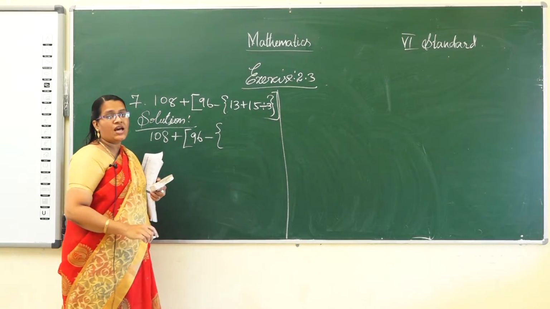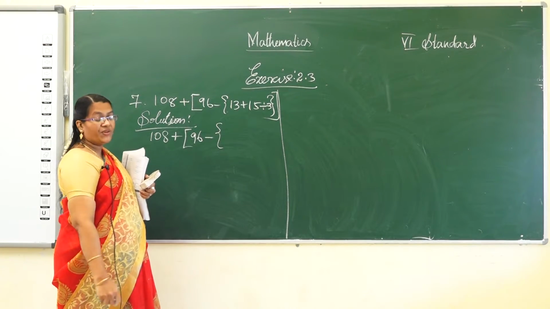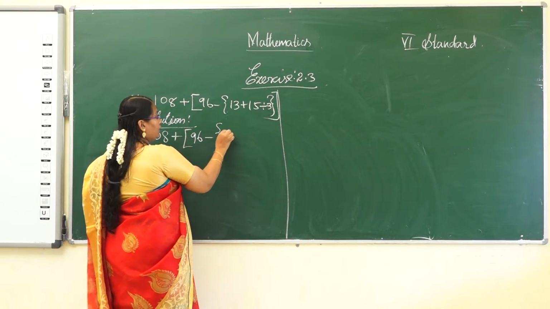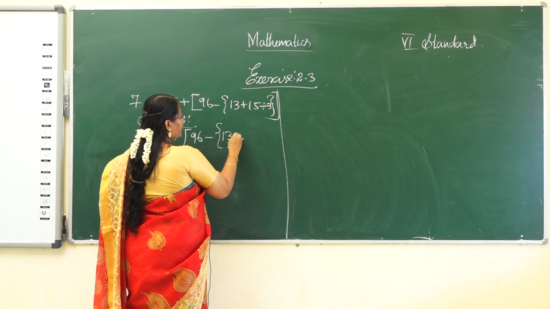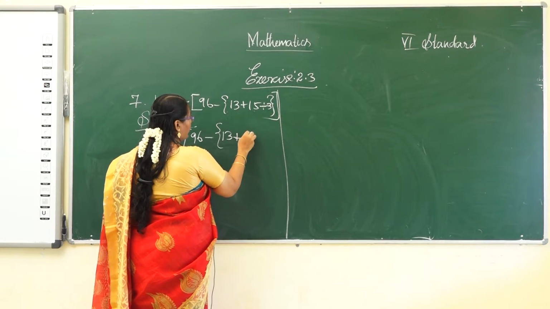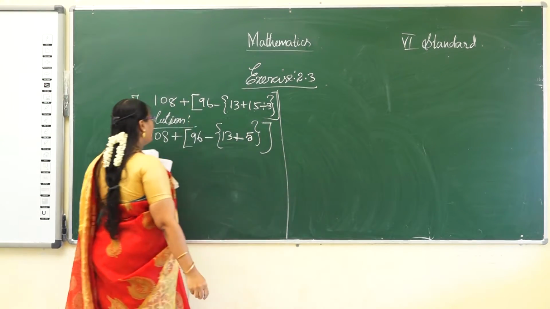Which operations are there? Plus and division are given. So first we refer to the division by using the BODMAS rule. Okay, so 13 plus 15 divided by 3. 15 divided by 3, what is the value? 5. Okay, close the curly bracket and close the square bracket also.